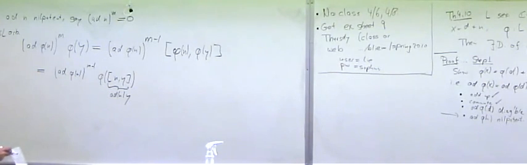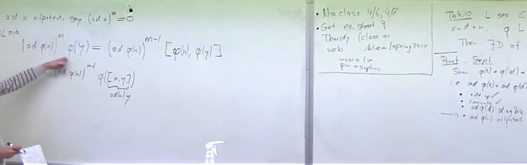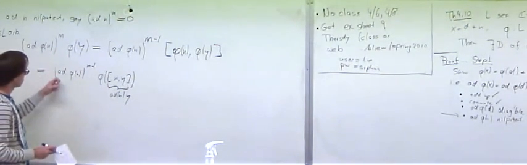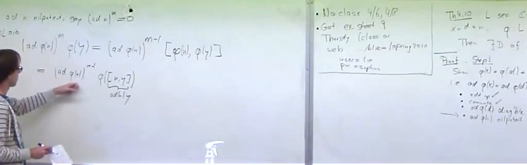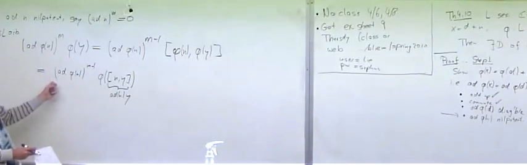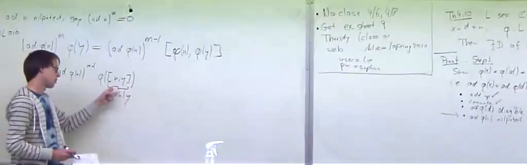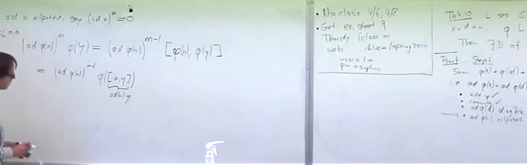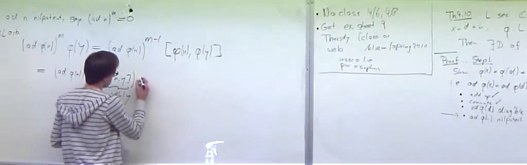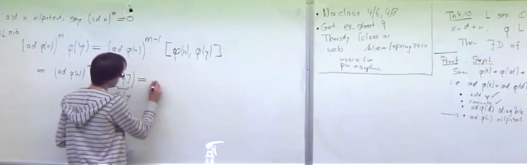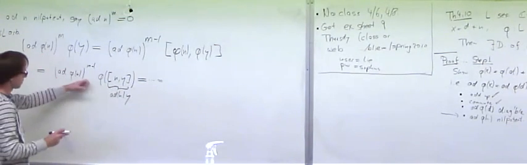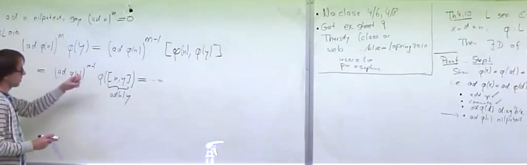So what happened here? Somehow I started with ad phi of N to the m and applied it to phi of y. And this is equal to the following thing. I just apply this operator ad phi of N one time less, but instead I have to put the operator ad N inside and apply this to y. And I can just iterate this procedure. Now with the next computation I can put the next rightmost application of ad phi of N inside.